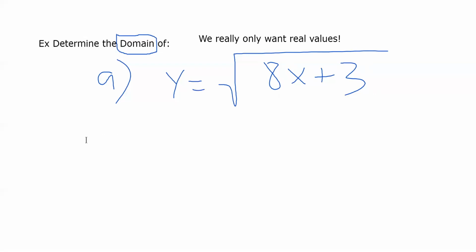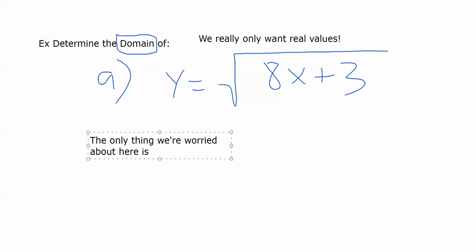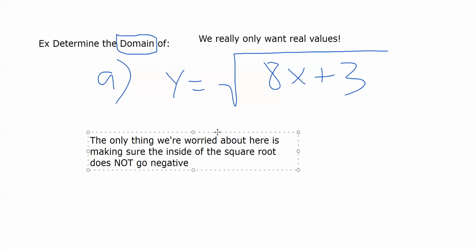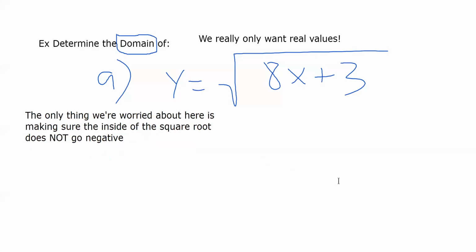The only thing we're worried about here is making sure the inside of the square root does not go negative, or else you've got to bring i into the mix. That's the key here. That's going to be what helps us figure out our domain.